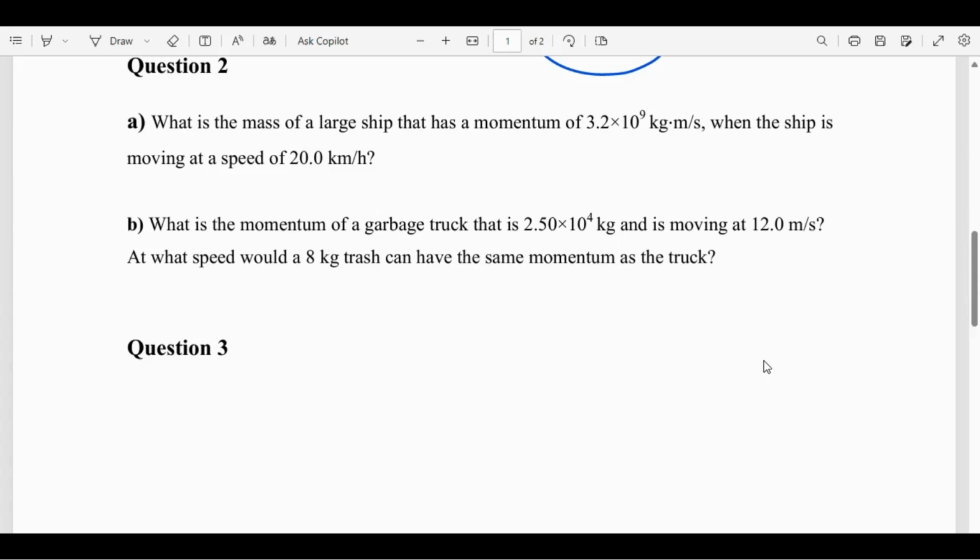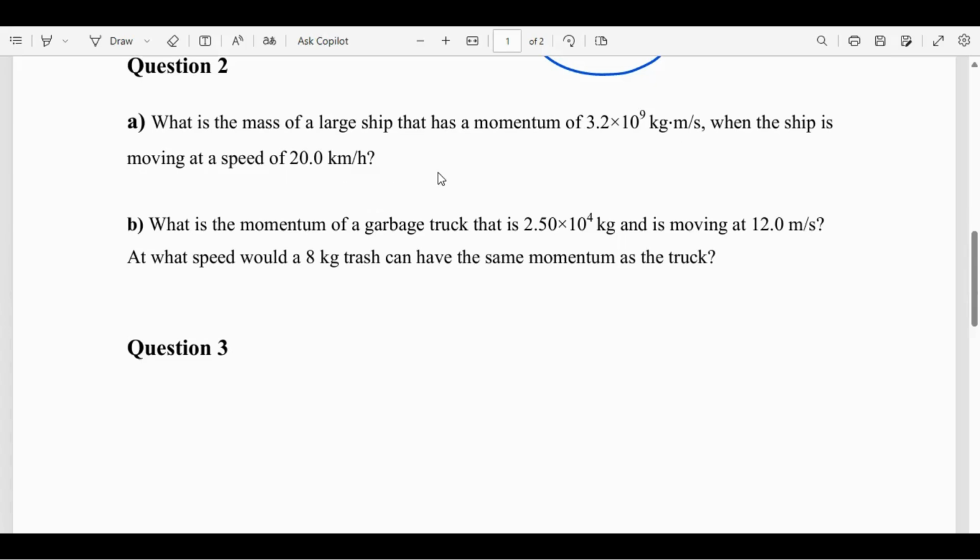Okay, so let's just break it down here. We have question A, which we're supposed to deal with first. We've been given the momentum of this ship, 3.2 times 10 to the power 9 kilograms meter per second, when the ship is moving at the speed of 20 kilometers per hour.